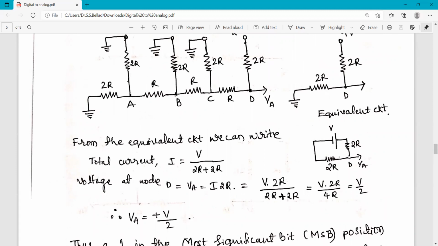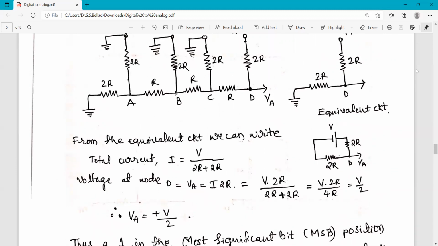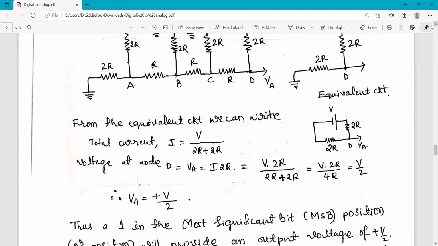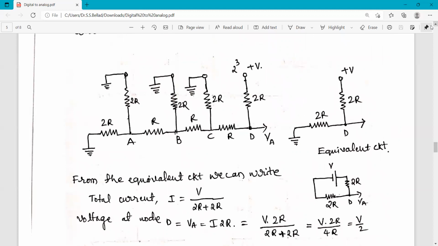This is the nodal point D, and this end is connected to positive voltage. You can see here this is connected to the positive voltage, and the other end is connected to negative. So in this circuit, between this point and ground, there is a battery source like this.